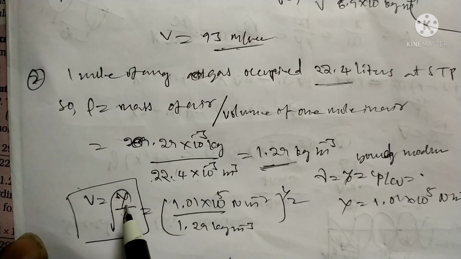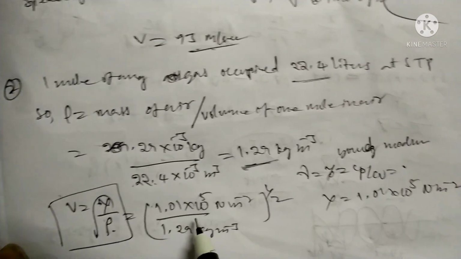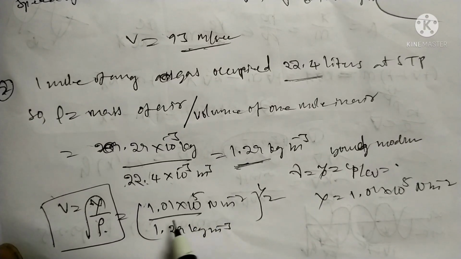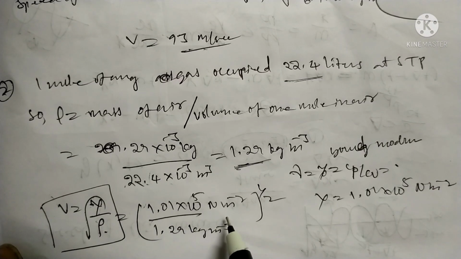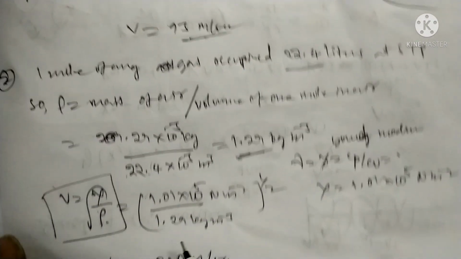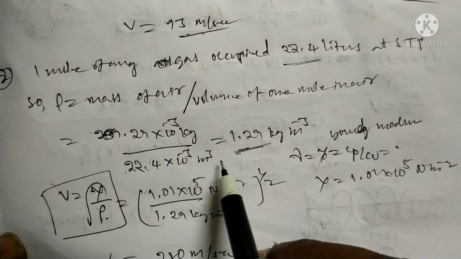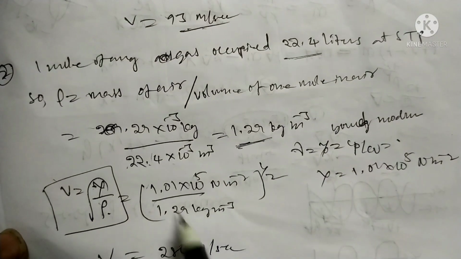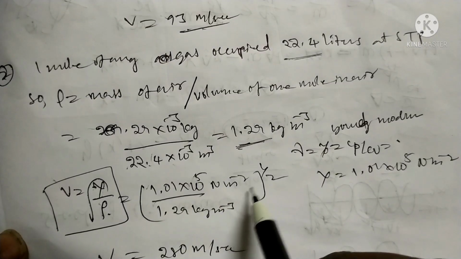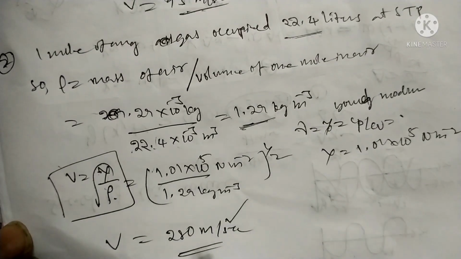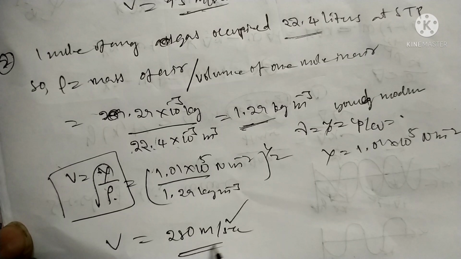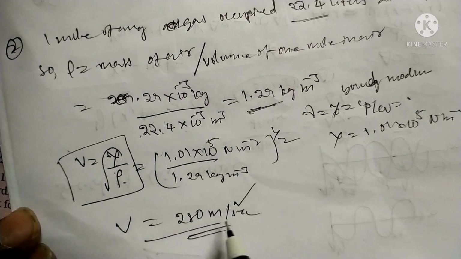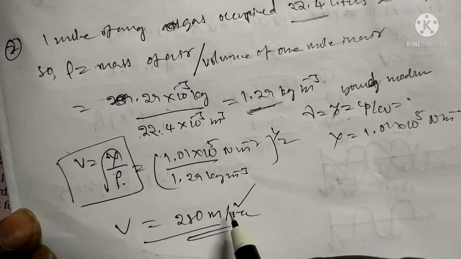Here the Young modulus value is 1.1 into 10 to the power of 5 newton per meter square, and the density of the gas is 1.29 kg per meter cube. Taking the square root, we get 280 meters per second. This is for the gas at STP.